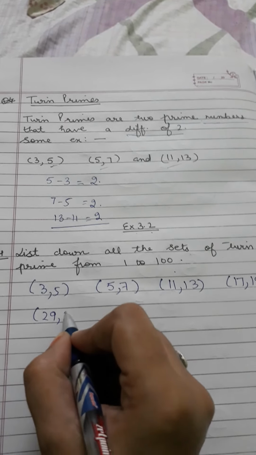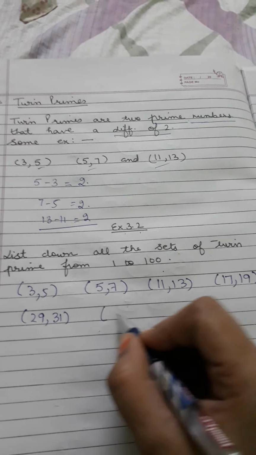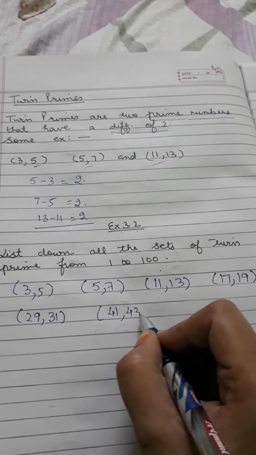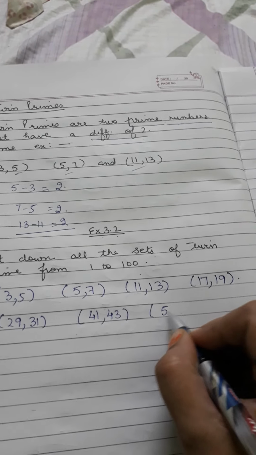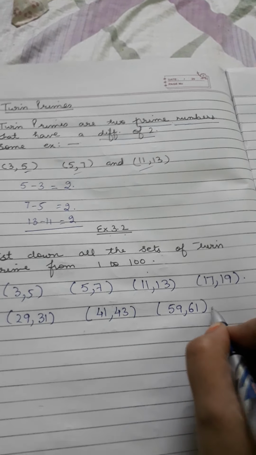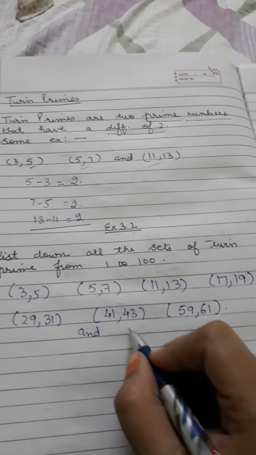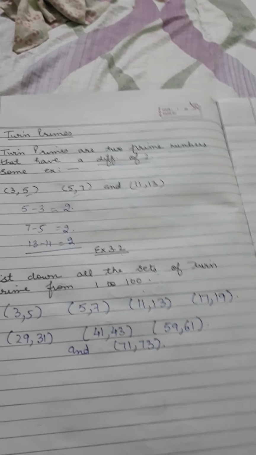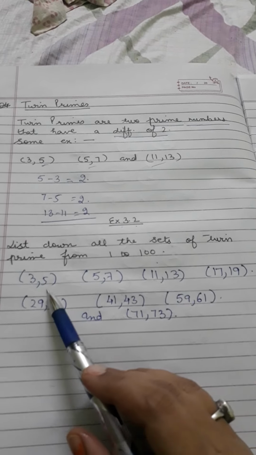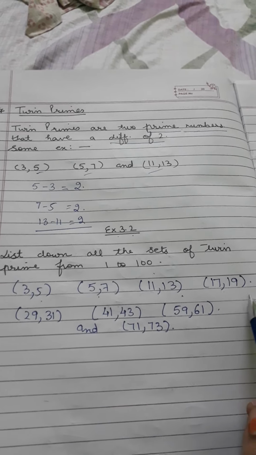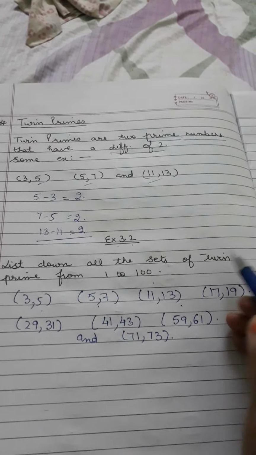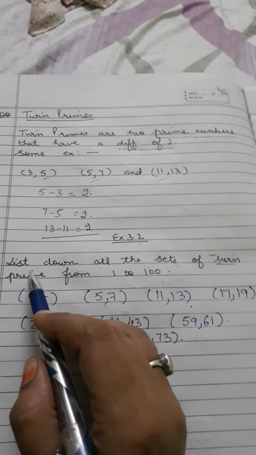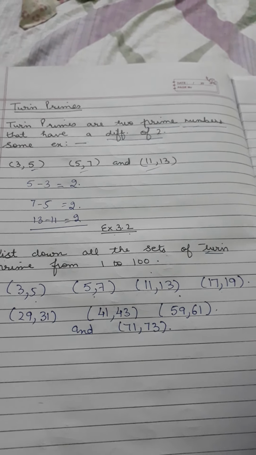Then 29 and 31, 41 and 43, 59 and 61, and at last it is 71 and 73. All the sets of numbers have the difference 2. That's why they are called twin prime numbers.